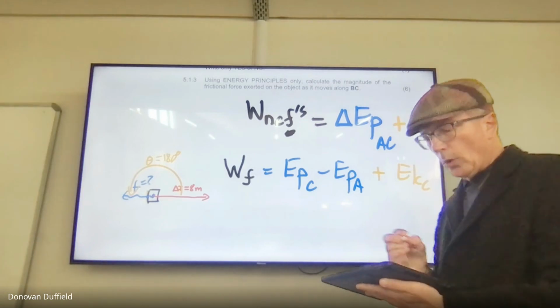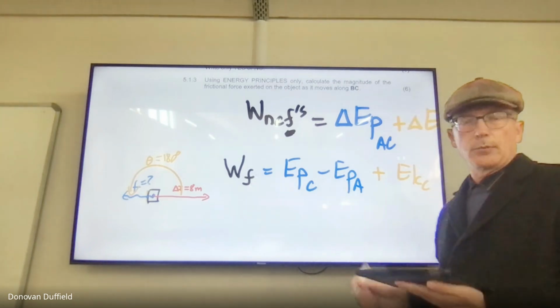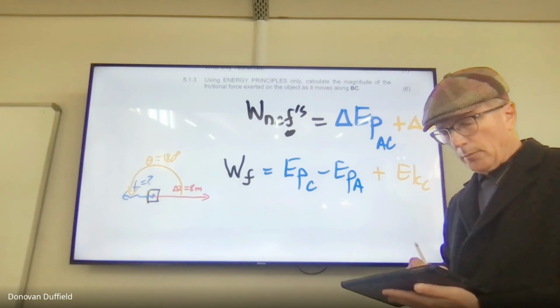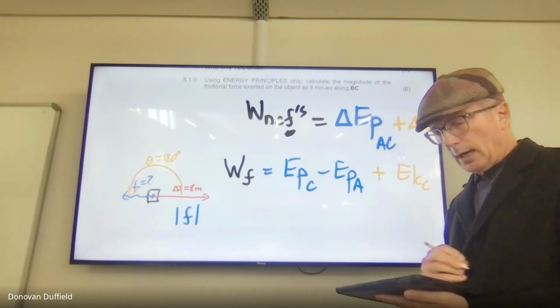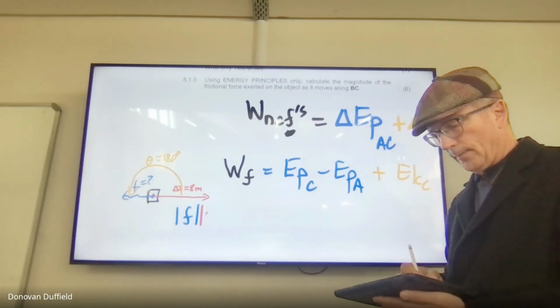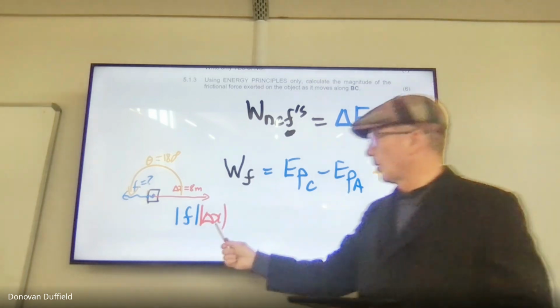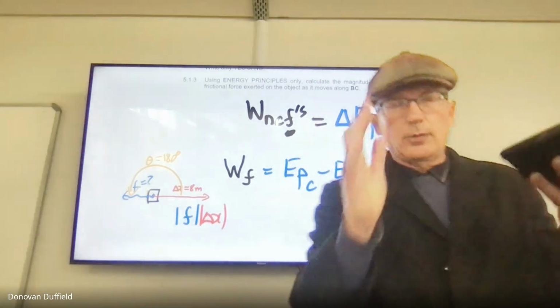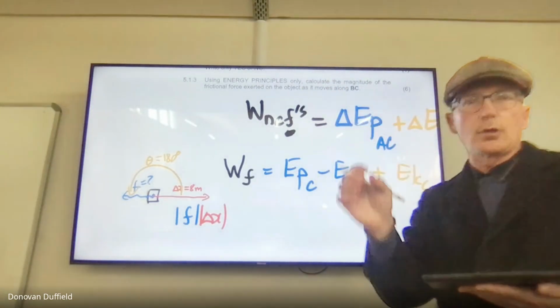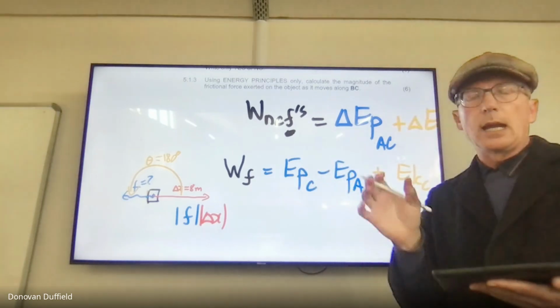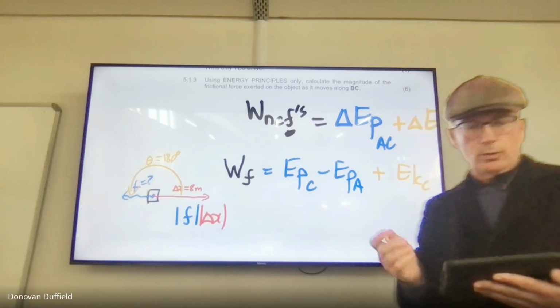So when we now work out the work done by the friction, it's going to be the magnitude of the frictional force times the change in position, magnitude-wise. Those absolute values, by now in matric, you should know that stands for the absolute value, the positive magnitude, or what we know as the modulus.